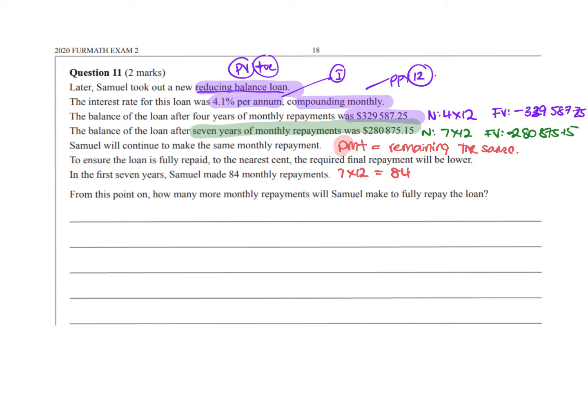So if we go down and work in Finance Solver, we're going to pop in everything that's going on here. And the payment is what I don't know. I've got nearly all the information, but I need the payment because I need to know how many times he's going to pay before he pays this thing off.